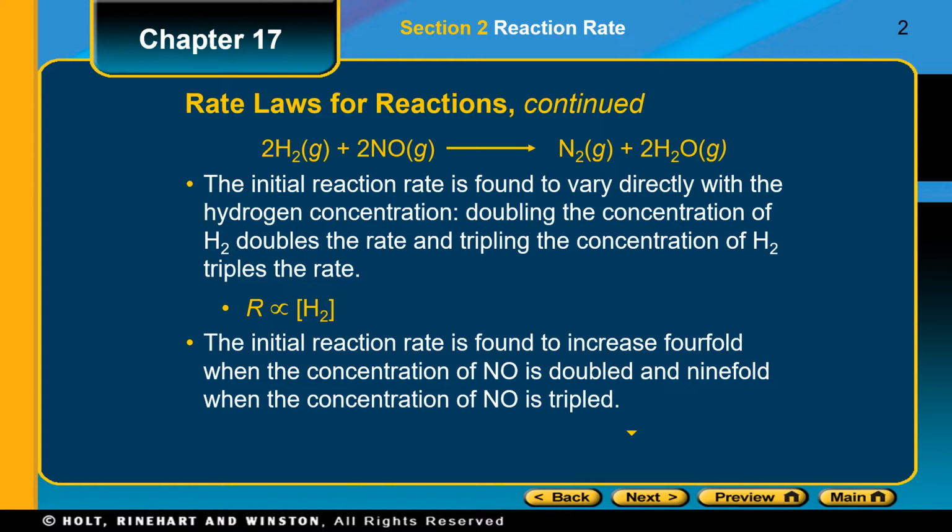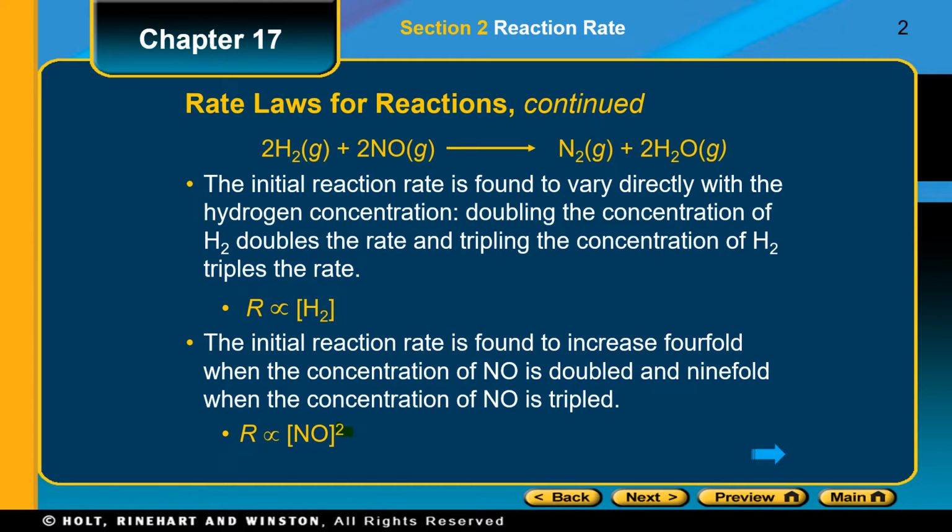the relationship that exists there would be like this. The rate is proportional to the nitrogen monoxide concentration squared. So if in place of NO, I put 2 because it's been doubled, the rate would be 2 squared, which is 4, so the reaction would be 4 times as fast.